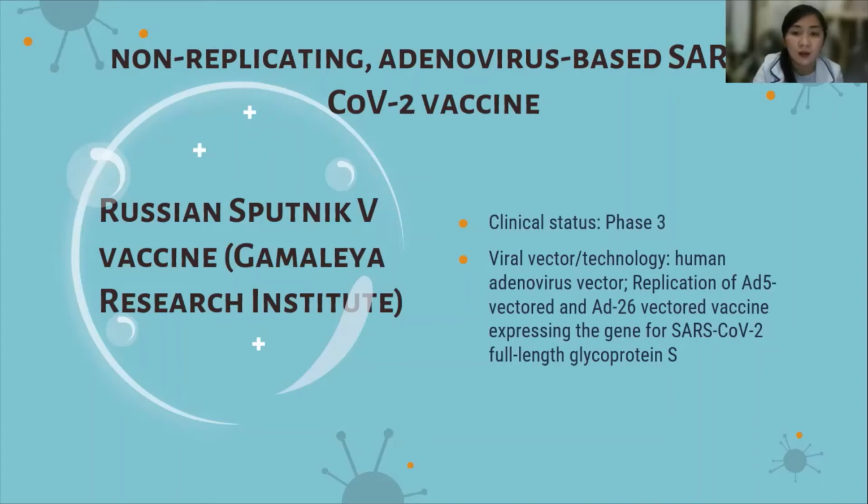So we have the Russian Sputnik V vaccine from Gamaleya Research Institute, which is already in phase 3 clinical trial. The viral vector or technology used is the human adenovirus vector, replication-deficient Ad5 vectored and Ad26 vectored vaccine expressing the gene for SARS-CoV-2 full-length glycoprotein S. Phase 1 and phase 2 studies showed both Ad26 and Ad5 formulations were safe and well tolerated.